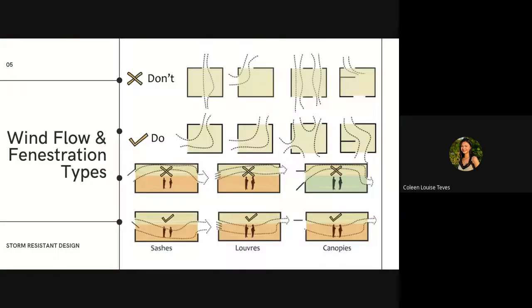Next slide. Now that we covered the guidelines, let us look into examples on how to utilize better, safer ventilation airflow that will be at least storm durable. In the first diagram are the don'ts and dos of airflow through the floor plan view, to see the wind coverage without the wind pressure destroying the structure.